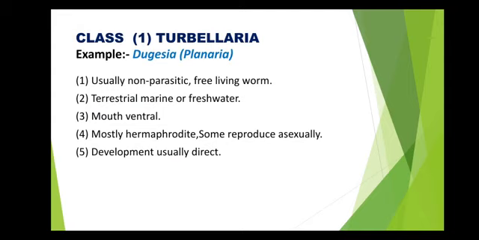Point number 3, body unsegmented, flattened and covered with ciliated cellular or syncytial epidermis. Point number 4, mouth ventral with intestine, muscular pharynx. Point number 5, suckers absent. Point number 6, mostly hermaphrodite. Some reproduce asexually and development usually direct.